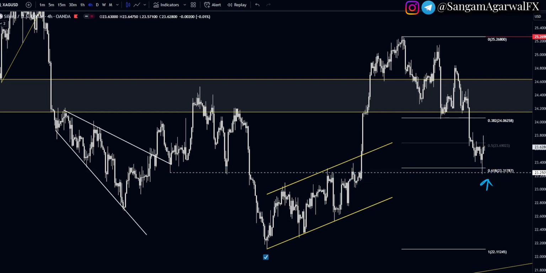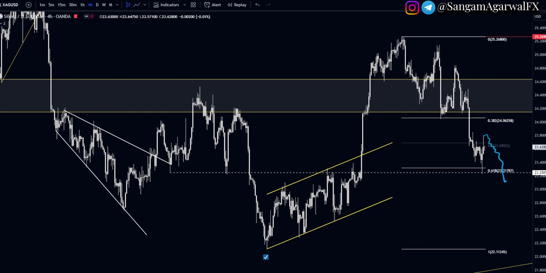So if this low, 23.25, survives the CPI news this week, then it will go back to $24. Silver has different price action compared to gold.